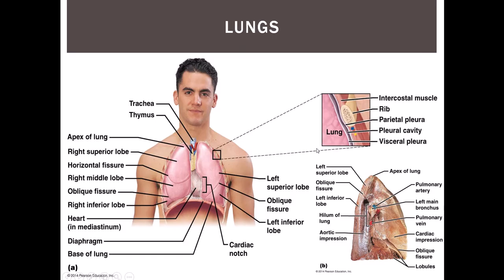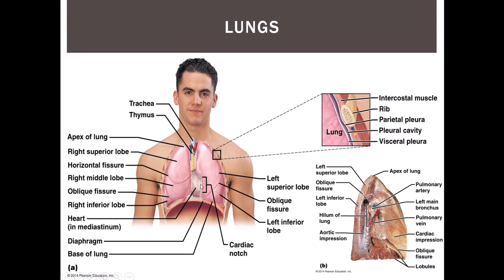So let's take a look. You can see here is the left lung with its two lobes, left superior lobe, left inferior lobe, oblique fissure. Right lung over here with the three lobes, superior lobe, middle lobe, inferior lobe. Superior lobe and middle lobe are separated by a horizontal fissure, middle lobe and inferior lobe separated by an oblique fissure.